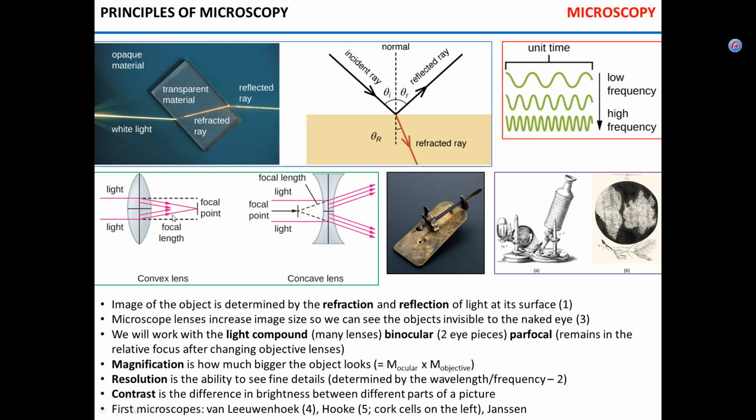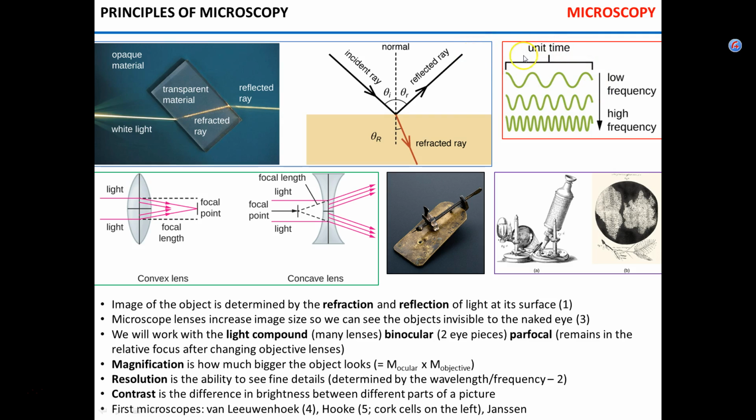Resolution is how clear the image is. Resolution is the ability to distinguish between two closely located objects. Resolution is mostly defined by the wavelength or frequency of light. Okay? Here.